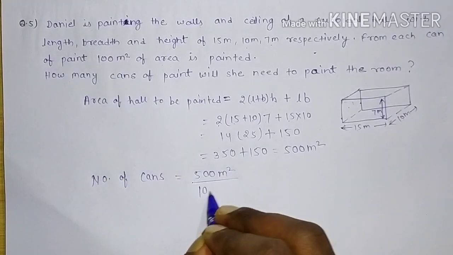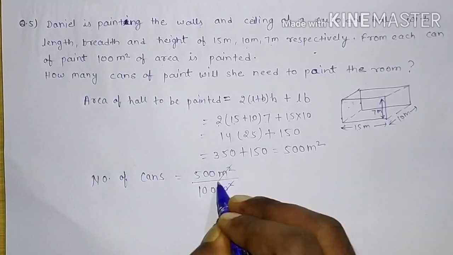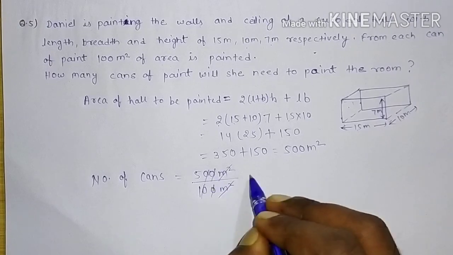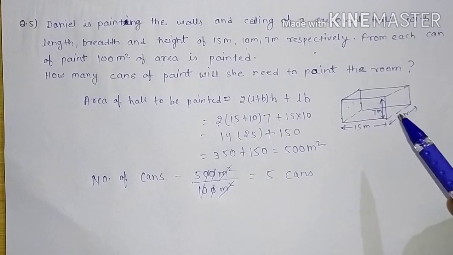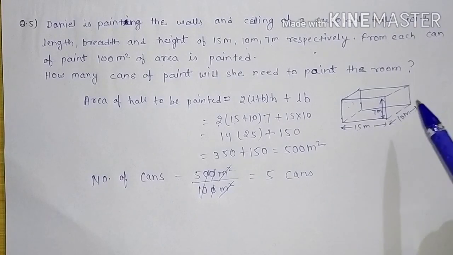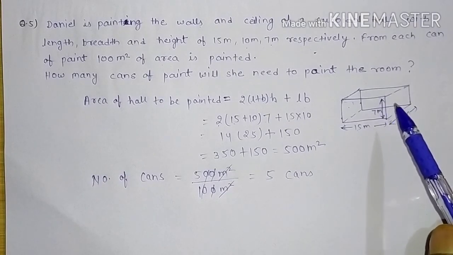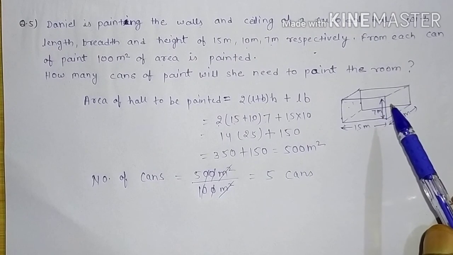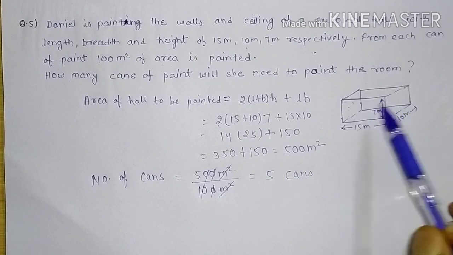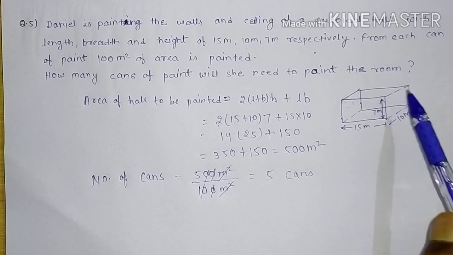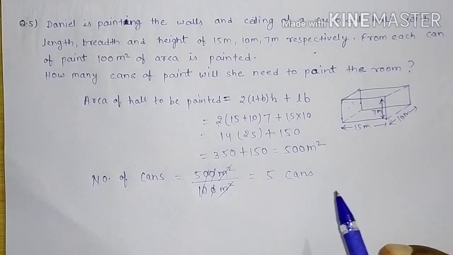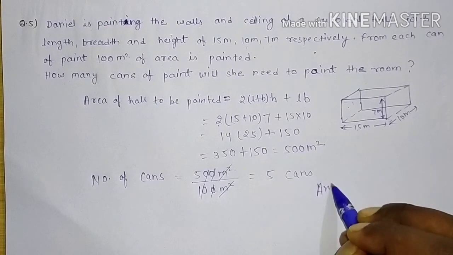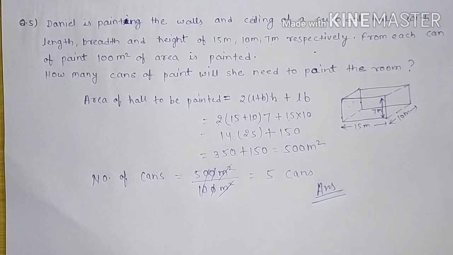The zeros cancel out. So 5 cans are used to paint the surface area of the cuboidal hall, that is the 4 walls of the room and the ceiling. So this is simply the answer: 5 cans.